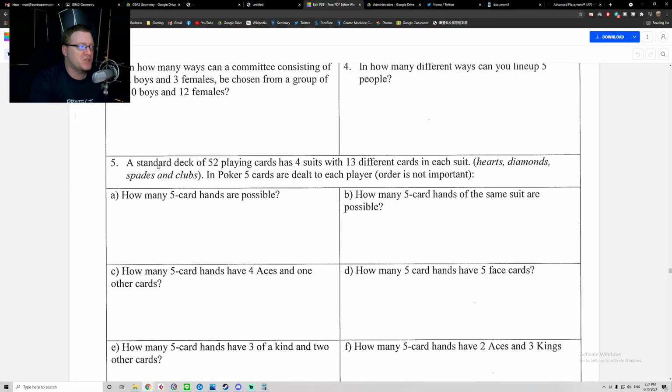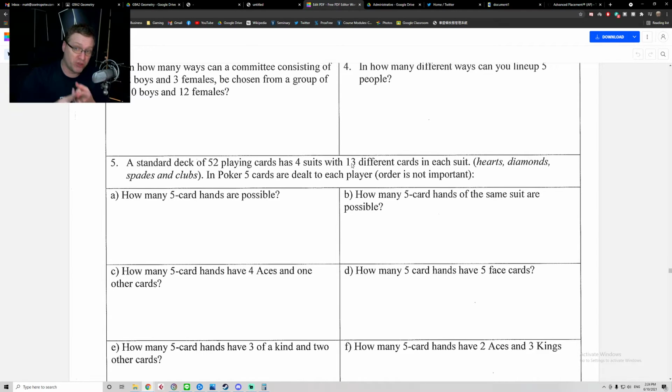Let's make sure that we understand that a deck of cards has 52 cards in it. There are 4 different suits. The suits are the hearts, diamonds, clubs, and spades. And every suit has 13 different cards. What are those cards?